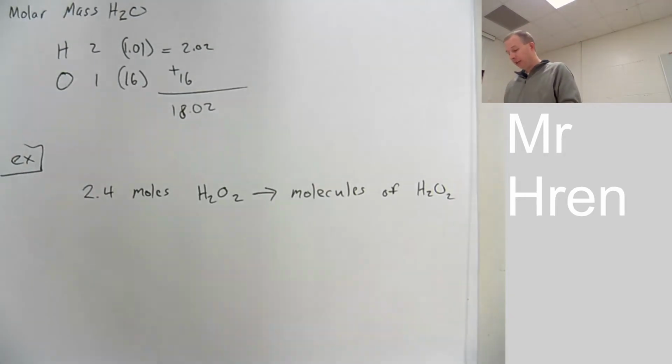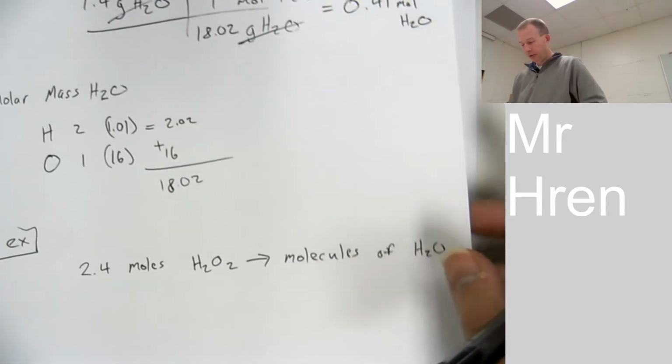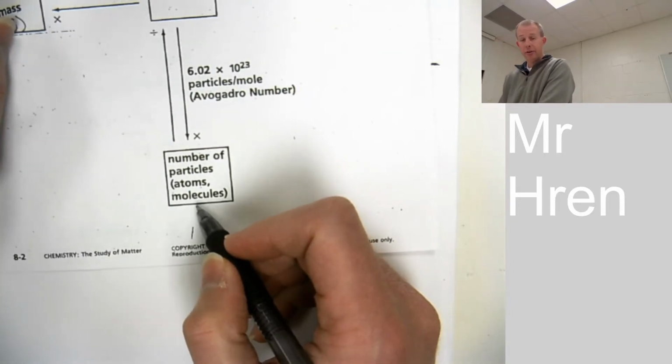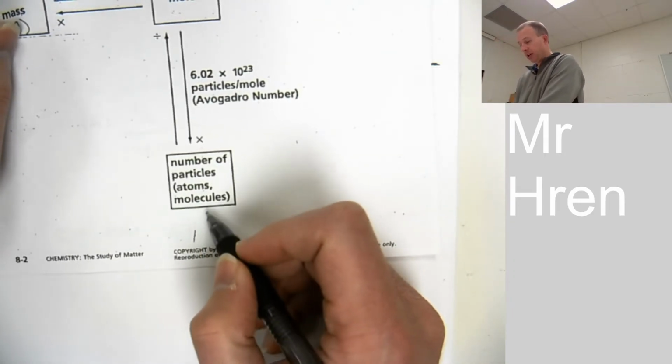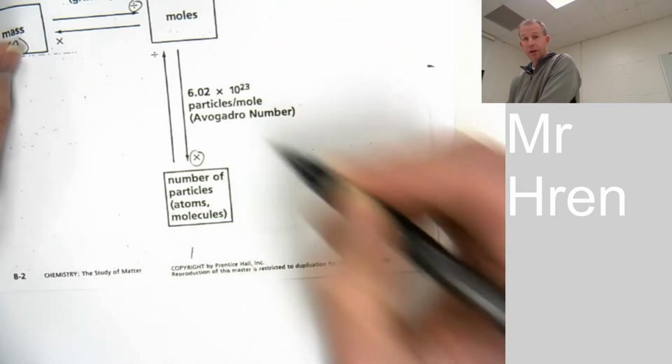Now you see the word molecule and you wonder what a molecule is. Same deal. You look at your chart, and molecules are down here, just like atoms. They're the same thing, just with atoms. So you're going to multiply by Avogadro's number.